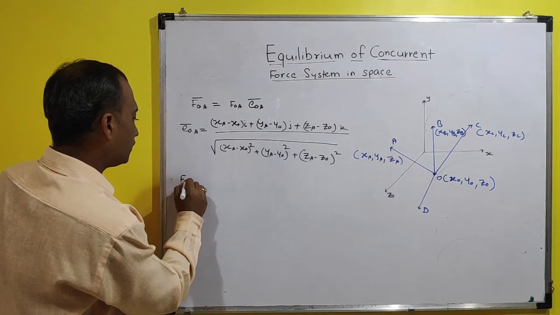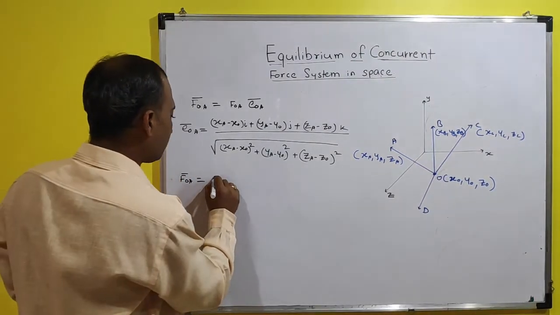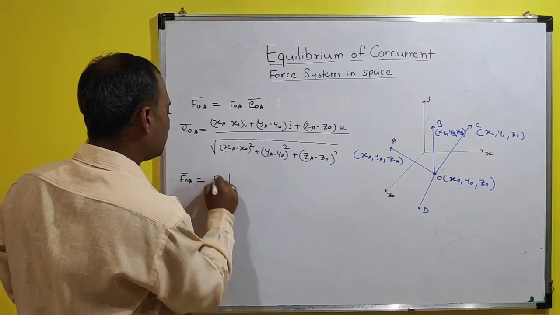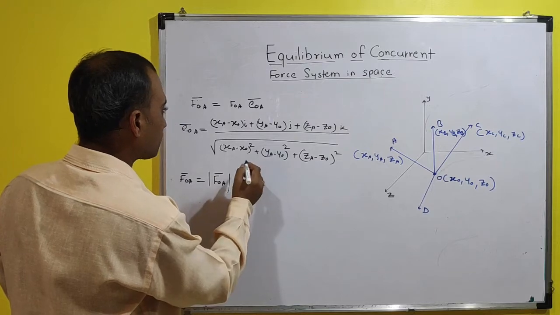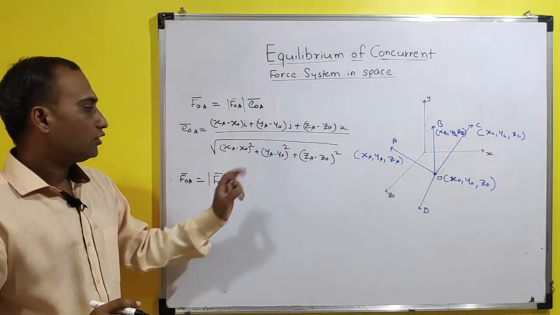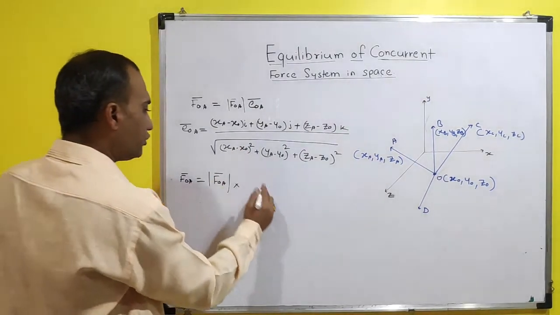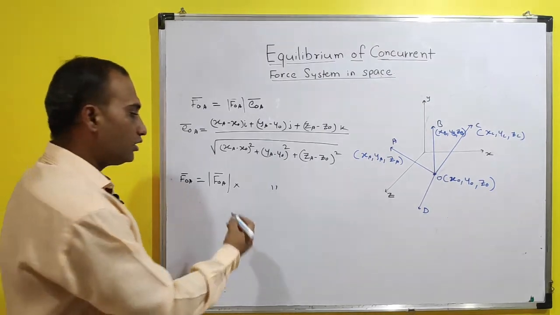So force vector OA is equal to the magnitude of this force vector OA multiplied by the unit vector. So this whole unit vector we will write over here, and you have to prepare these equations.